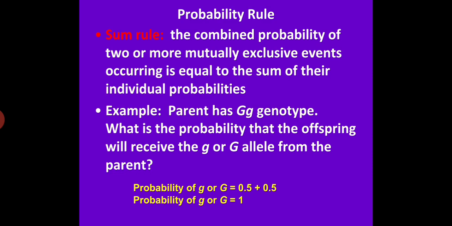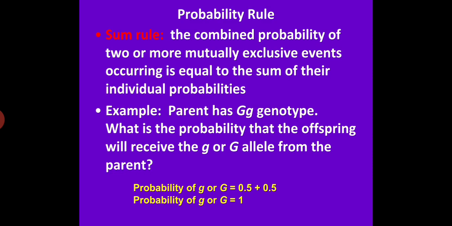Based on this, there is a probability rule, the sum rule. The combined probability of two or more mutually exclusive events occurring is equal to the sum of their individual probabilities. For example, a parent has a capital G and small g genotype, that is, it is heterozygous.